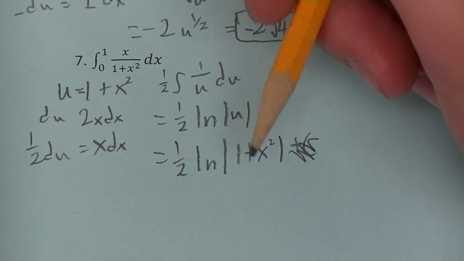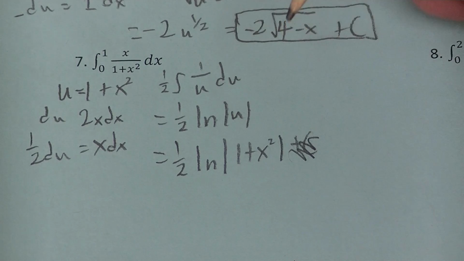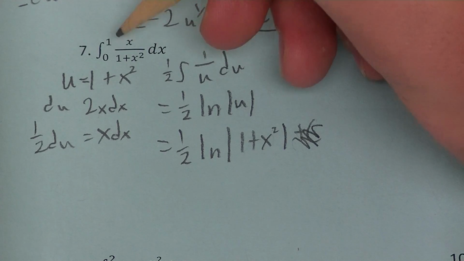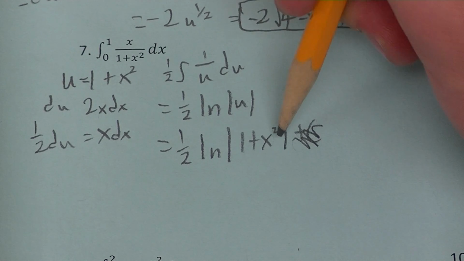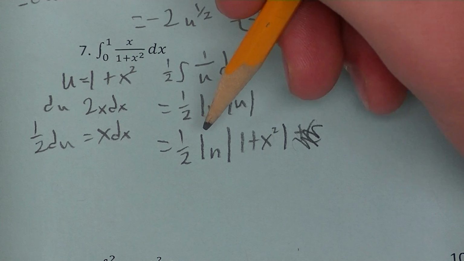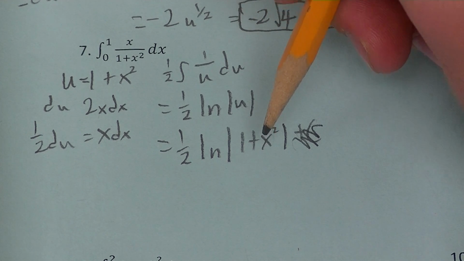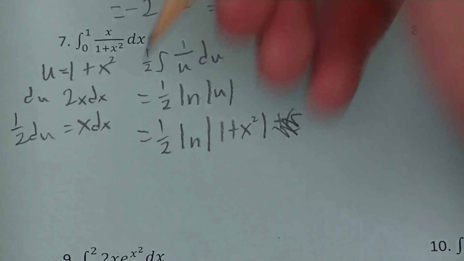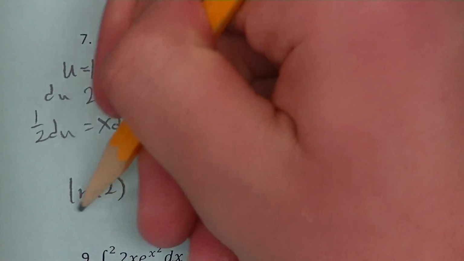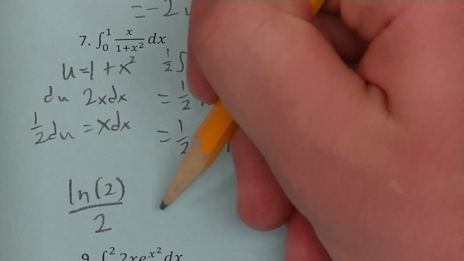So at this point, honestly, we can pretty much do it in our heads. If we're plugging in 1 for x here, then it's 1 squared, which is going to be 1. So it's going to be half of the ln of 2, so that's ln of 2 over 2.